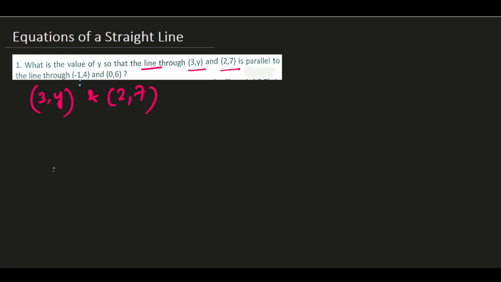So to recall, what was the main statement in 2 point form? It was to find the equation of a straight line that passes through two fixed points, and that line must be non-vertical. Okay, so let's write the 2 point form.